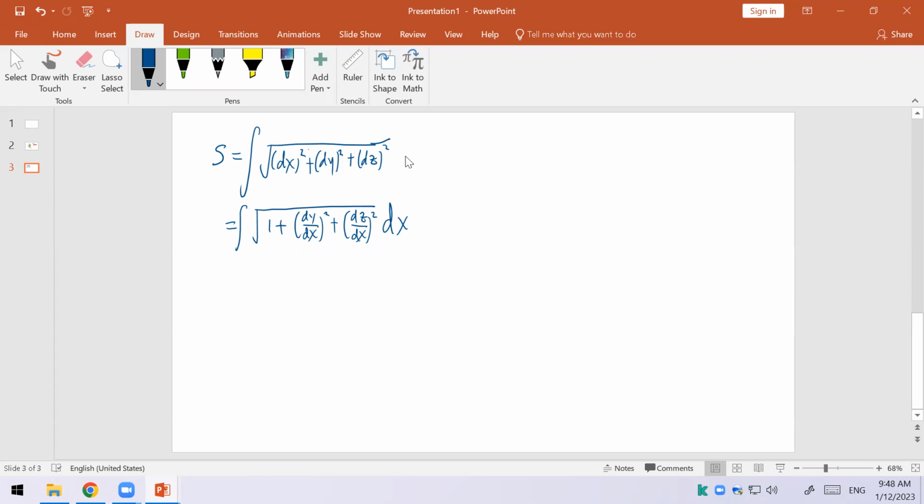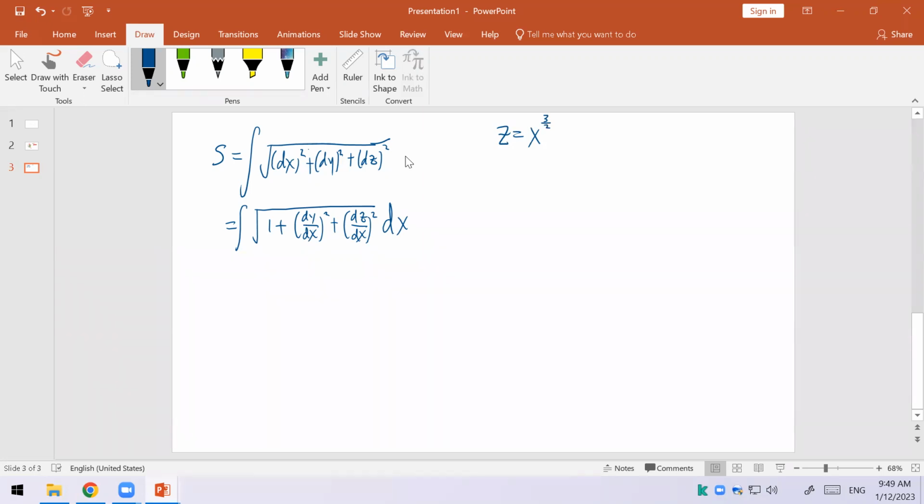Now, I told you that any curve that we pick has to lie on this surface z equals x to the power 3/2.